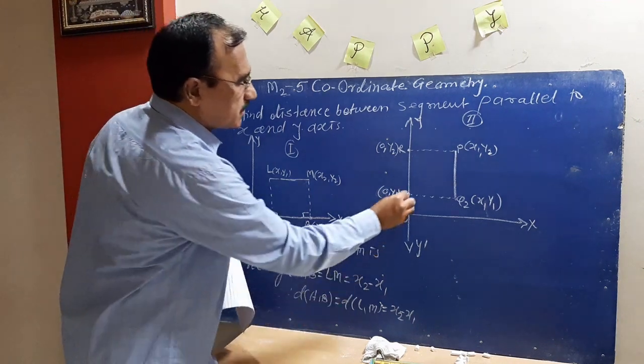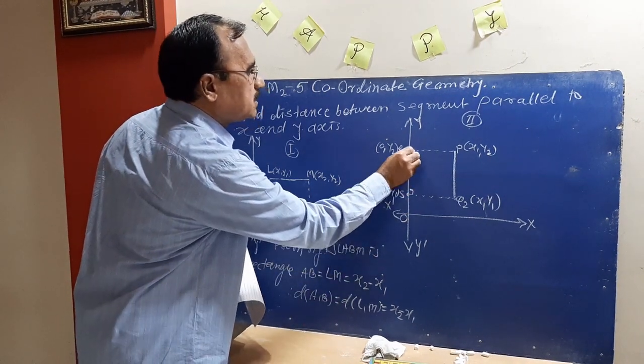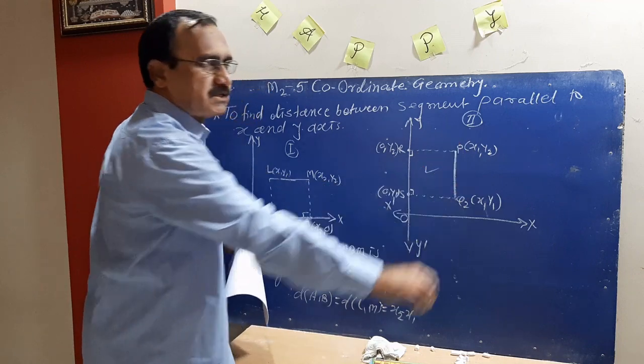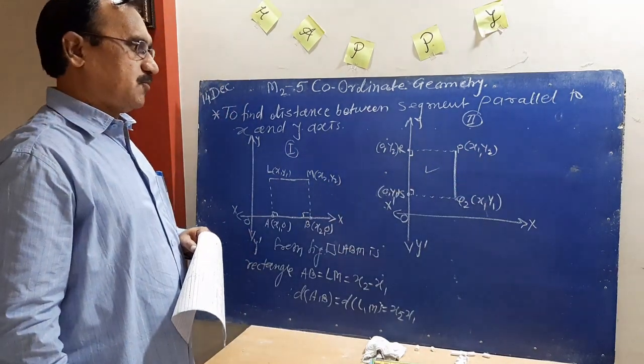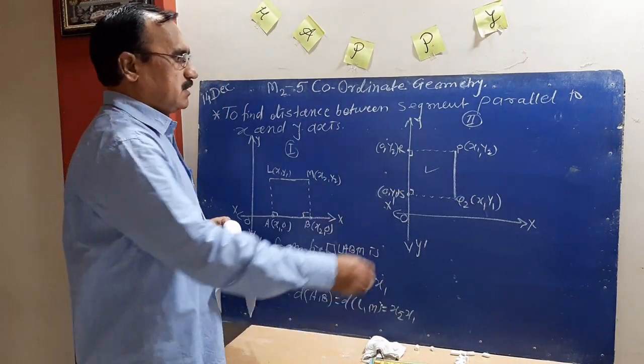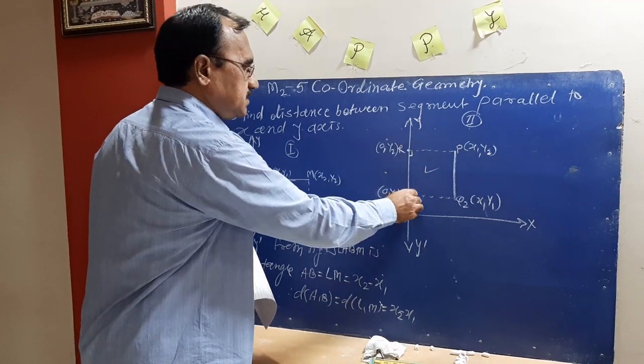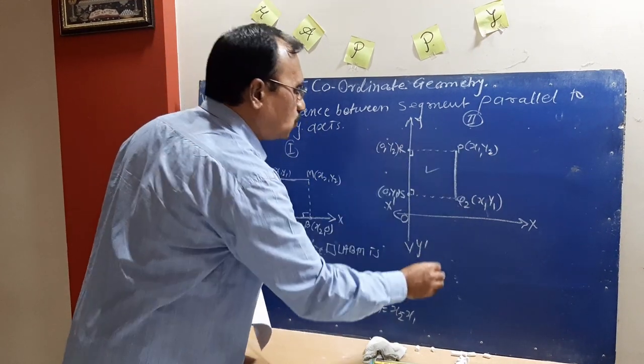Here also this is perpendicular, therefore this is a rectangle, and opposite sides of a rectangle are equal, and therefore RS is equal to PQ.